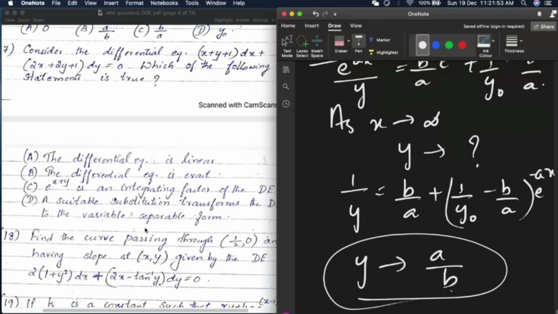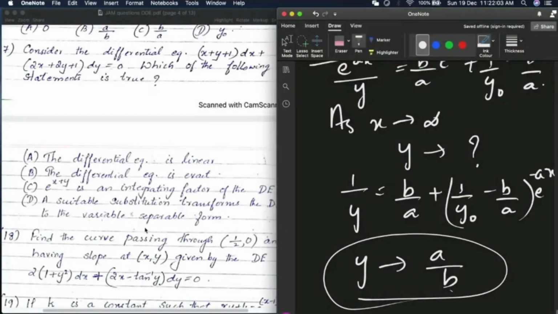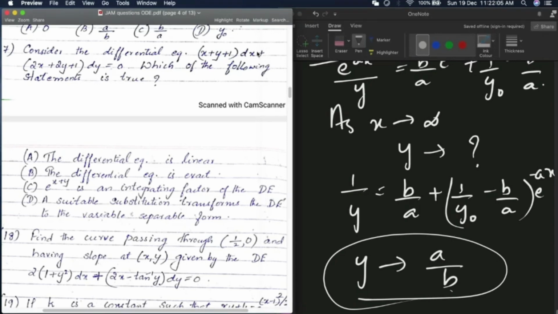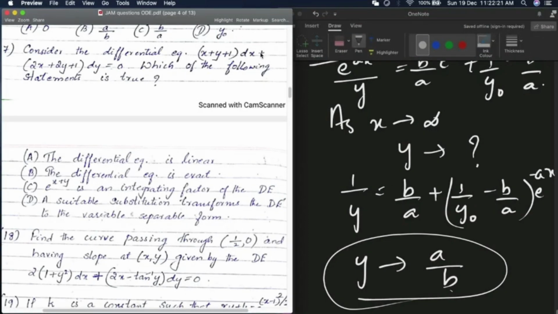Differential equation is linear, differential equation is exact, e raised to x plus y is an integrating factor. Then so many things you have to check. A suitable substitution transforms the differential equation into variable separable form. I don't think the differential equation is exact.